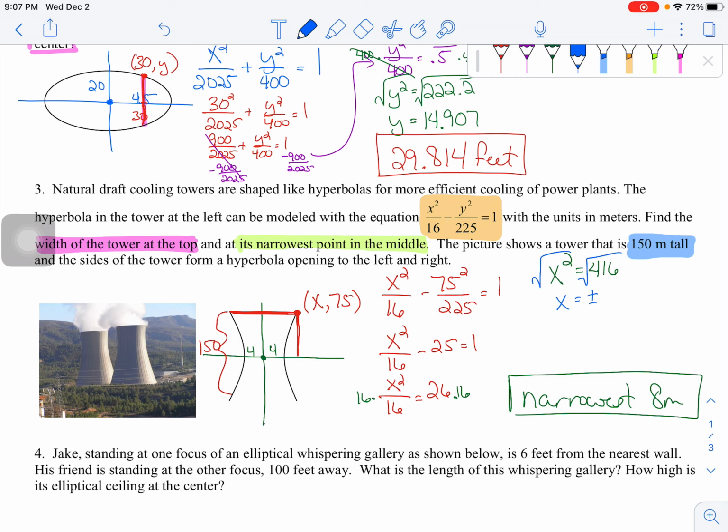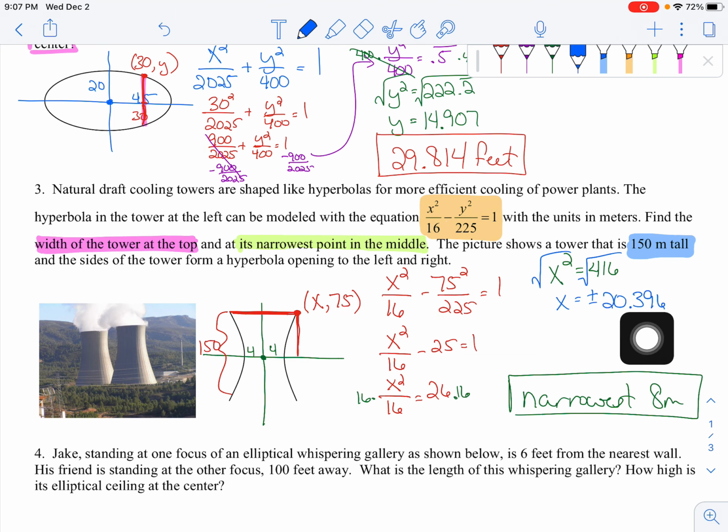I'm going to take the square root of both sides. So x is equal to plus or minus 20.396. Okay, the minus part's not terribly helpful when we're talking about a distance or a width. But basically that would mean that you actually have the x on both sides. So it's positive 20.396 over here and negative 20.396 over here.